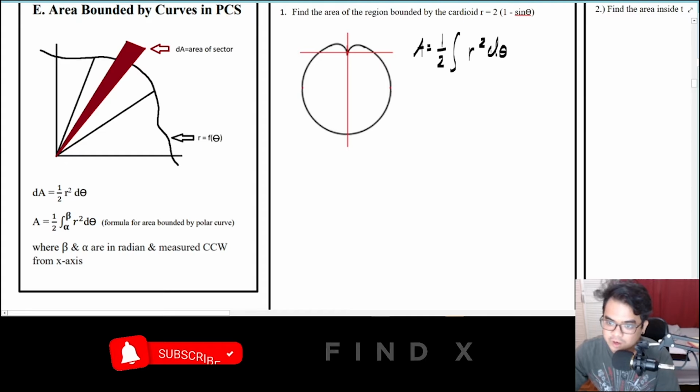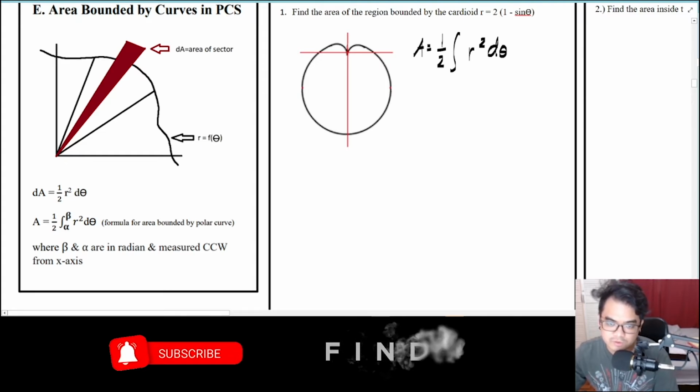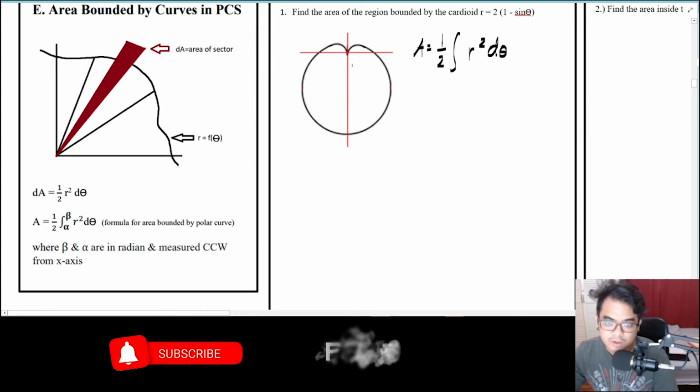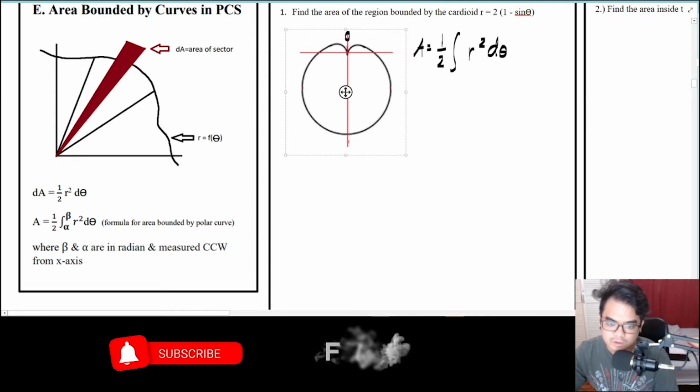But let's figure out first what the limits are. We will just get half of the area and then multiply it by 2.